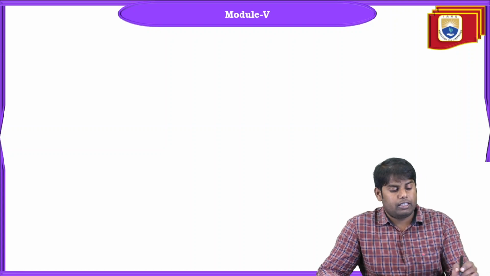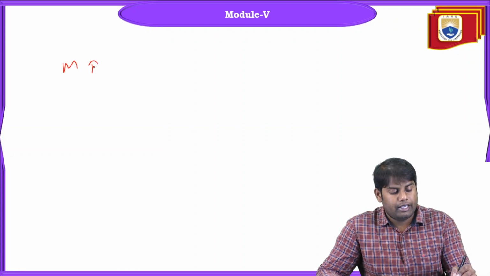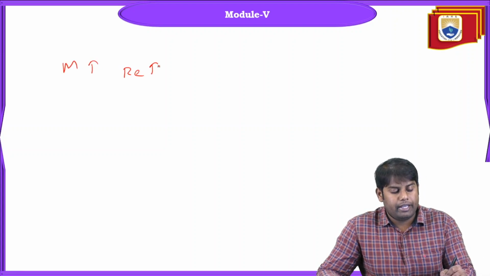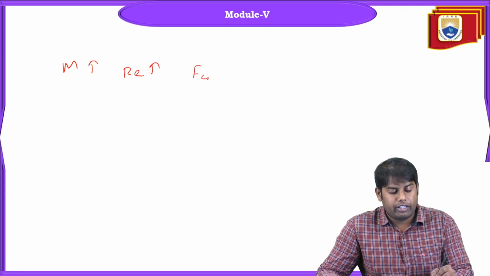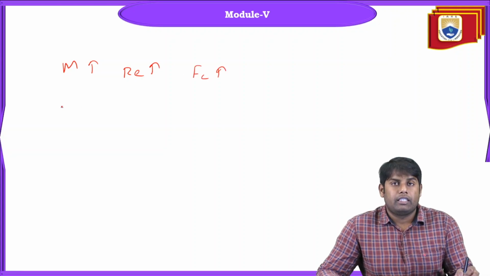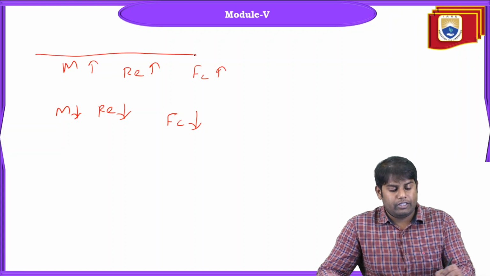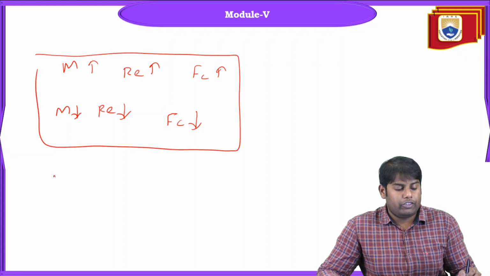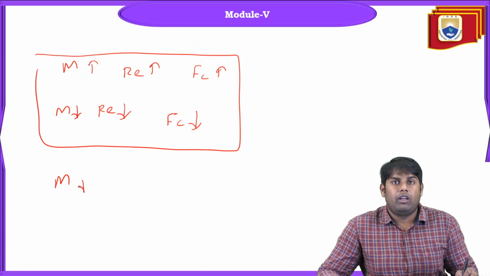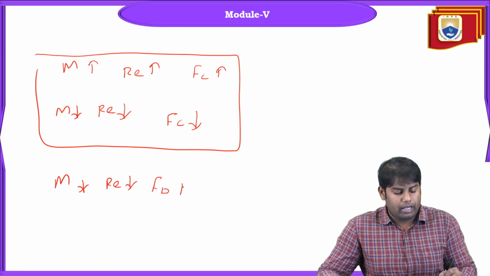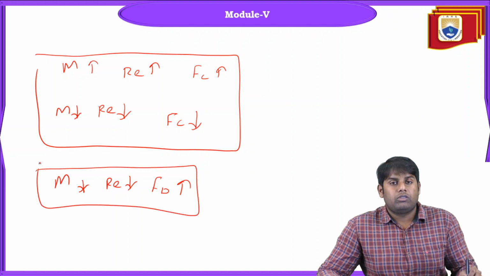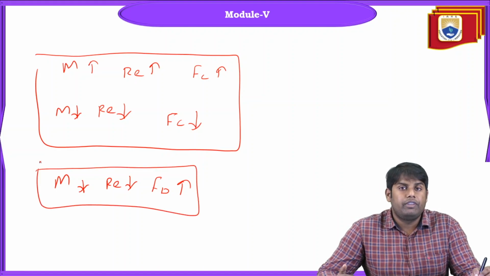If the Mach number is high, the Reynolds number will be high and FC will be high. If the Mach number is low, the Reynolds number is low, so FC will be low. The other case: if the Mach number is low and the Reynolds number is low, your FD will be high. These are the possibilities which we have.